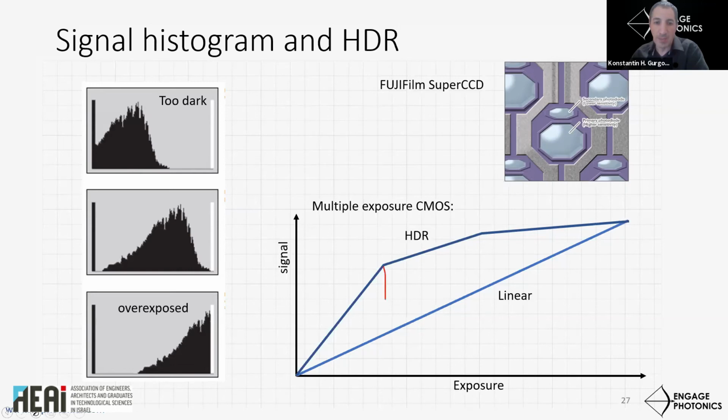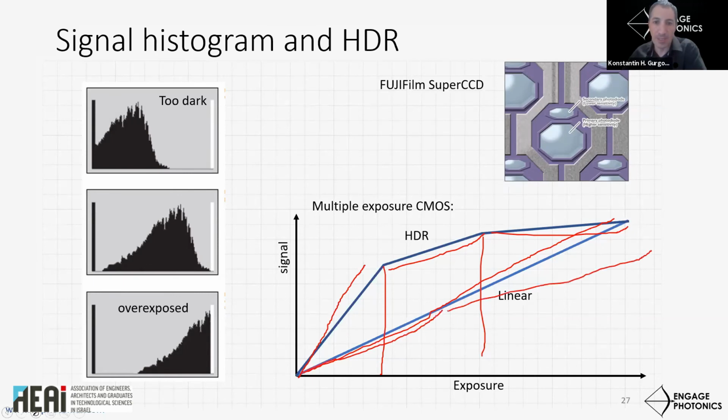This is exposure 1, exposure 2, and instead of a linear response, you get this kind of response for a pixel, and that, of course, covers a much wider range of possible exposure values. Actually, the correct drawing would be like so, like that, and like that.